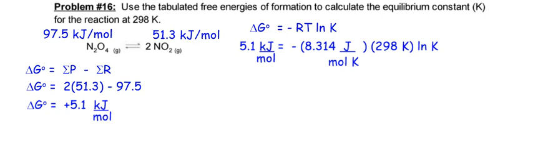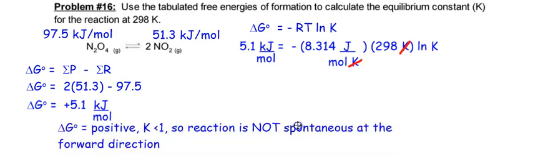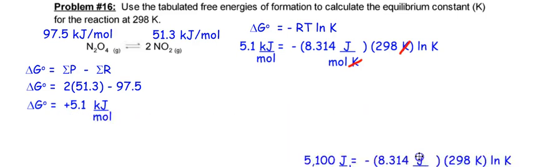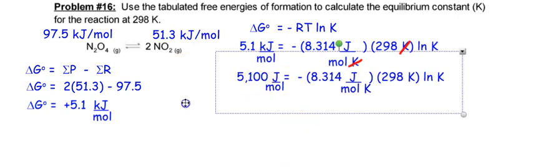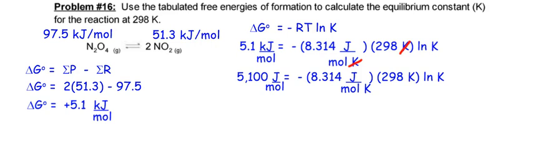So at this point, what can I do? Well, the K's cancel out, don't they? But what doesn't cancel out are the joules. So what do I need to do? I convert my kilojoules into joules, so I multiply that by 1,000. Now we can once again cancel out the kelvins.